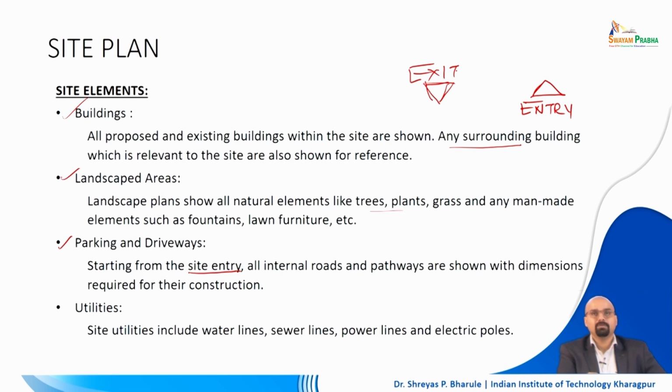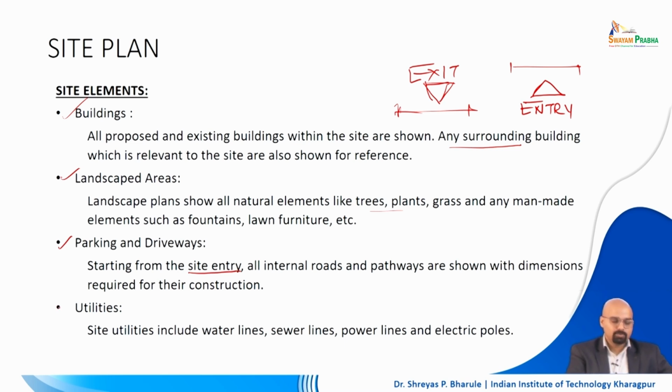Often it is written in a certain way like this, so you have a site entry and a site exit. In this case as well, all the ingress and egress, all the entries and exits are to be put down with the correct dimensions, and the pathway dimensions as well.